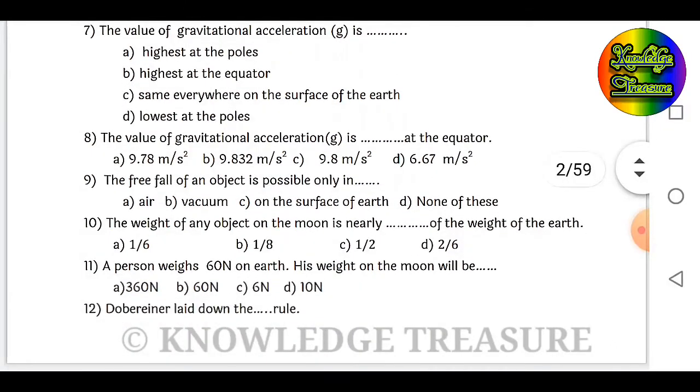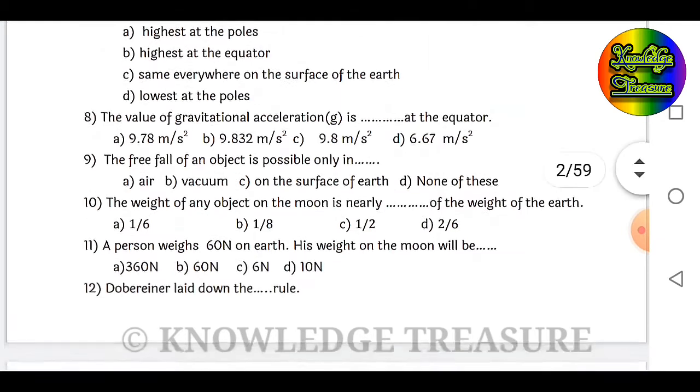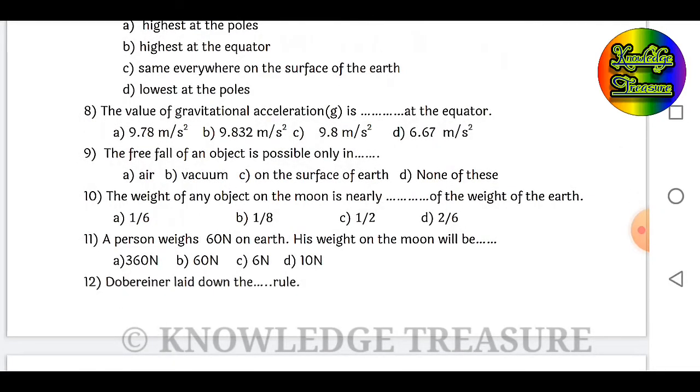9. The free fall of an object is possible only in dash. A. Air. B. Vacuum. C. On the surface of the earth. D. None of these. The correct answer is B. Vacuum. 10th.